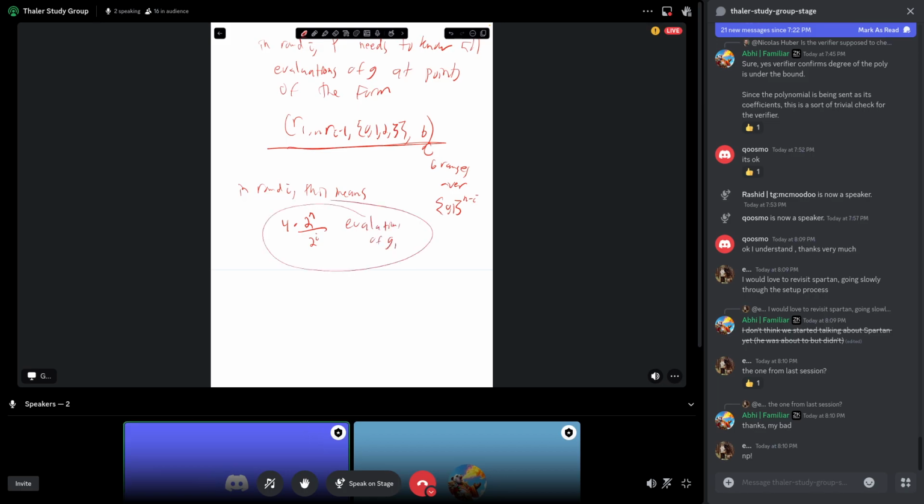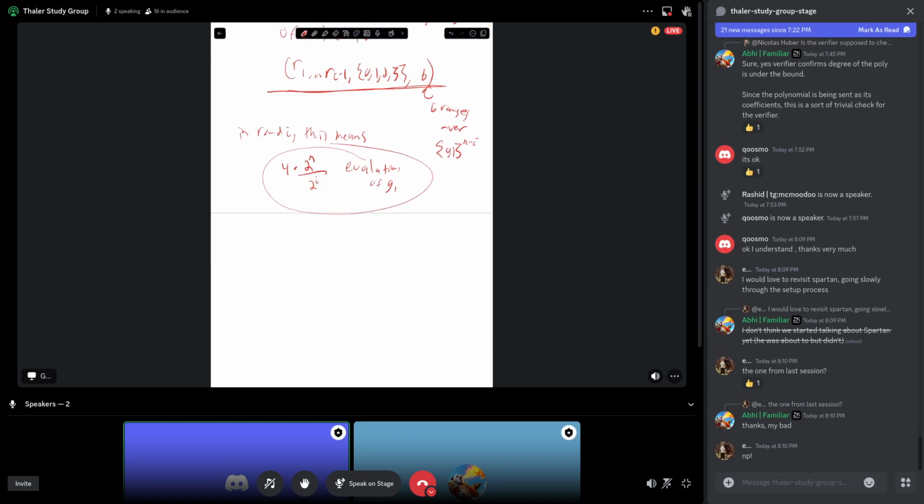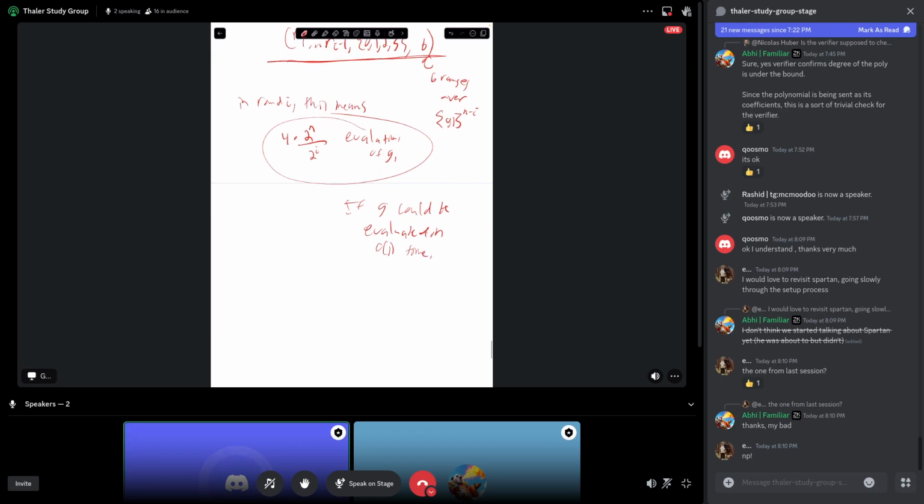Okay, so in a world where g could be evaluated at any point in constant time, our life would be great, because it's obvious how to implement the sum-check prover in total time.